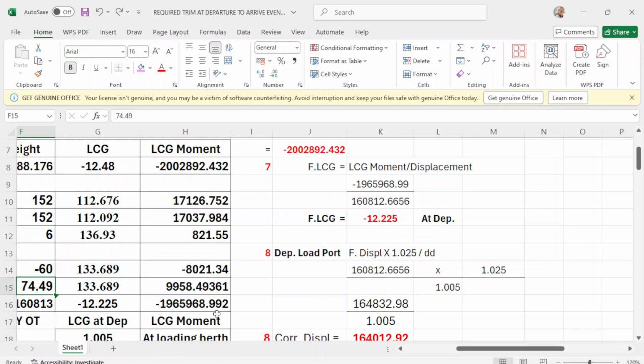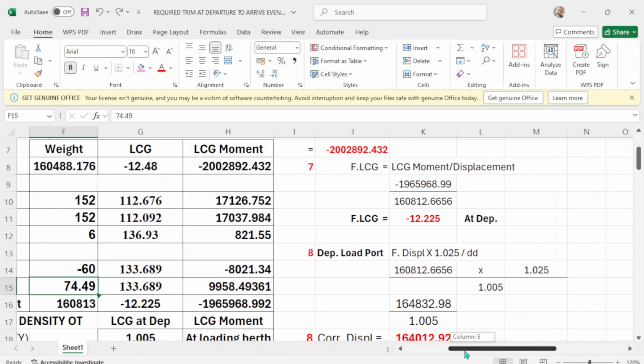Your displacement is 160813, rounded off, and your final LCG is negative 12.225, which is this one. Okay, at departure in New Orleans.